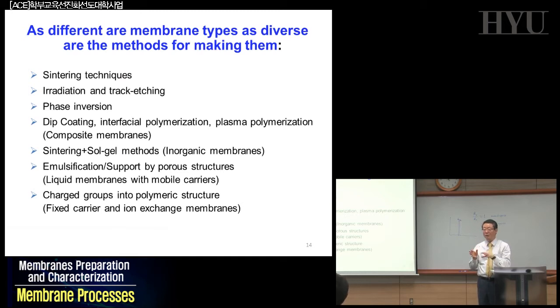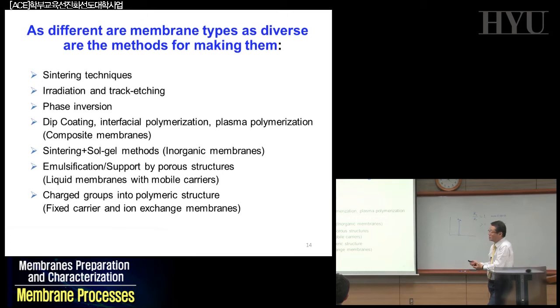We can make a membrane from polymers, metals, ceramics, and so on. And we have to think about how we can make the membranes. We can make a membrane by coating, dip coating, just like the one that I introduced to you about the Loeb-Sourirajan membrane. We can make a composite membrane by interfacial polymerization, or we can make a dip coating.